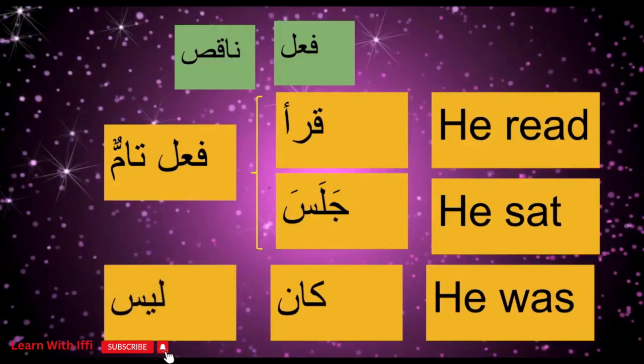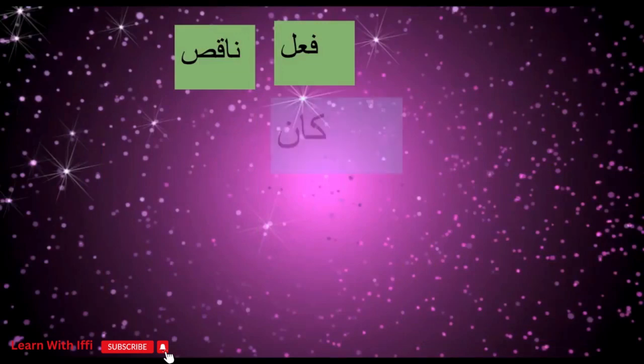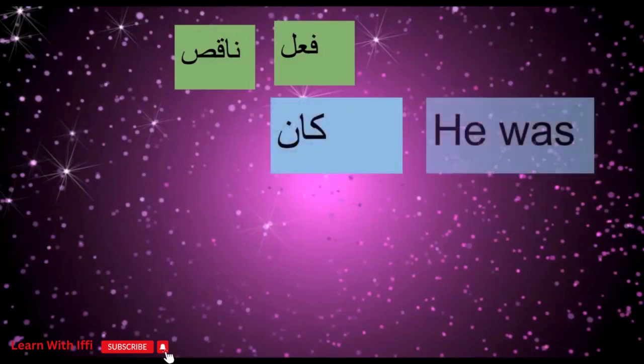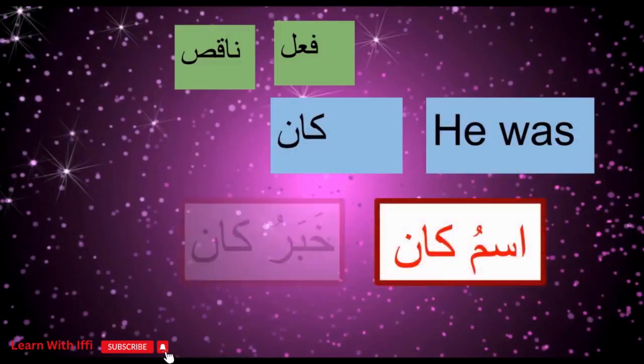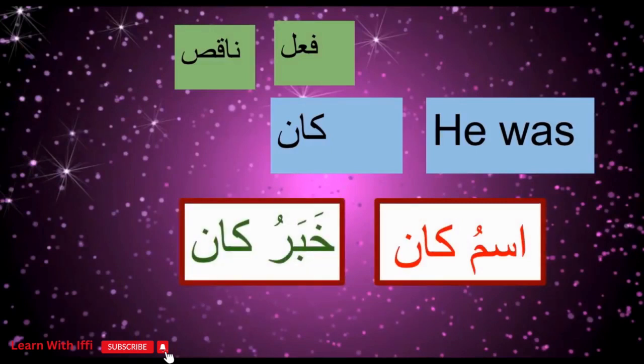Whenever we have a fa'il whose inherent meaning does not make full sense, for example kana, which means he was, we ask: he was what? So we need what is called ism kana and khabar kana. We don't say fa'il, we say ism and khabar.